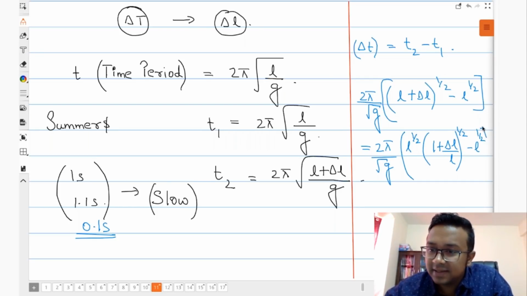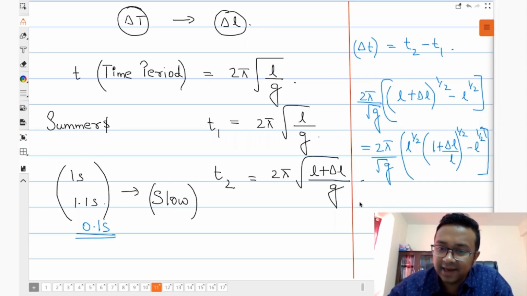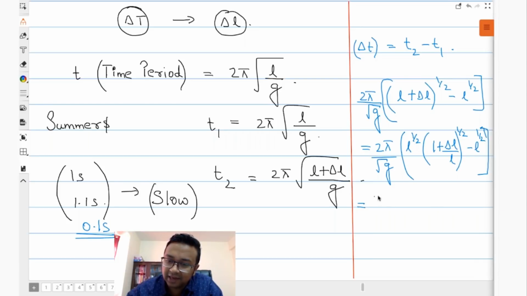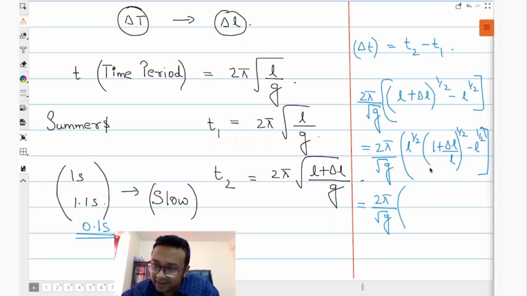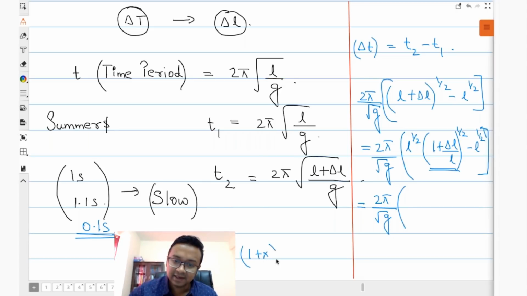So here, this is the formula that I get, students. Calculate it carefully, 2 pi root of G. And within the bracket, you will get what? Let us look at this. This is by binomial expansion, my dear students. We know that (1 plus x) to the power n is equal to 1 plus nx if x is much less than 1.